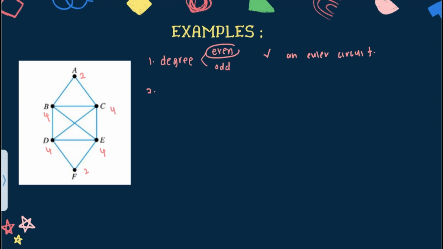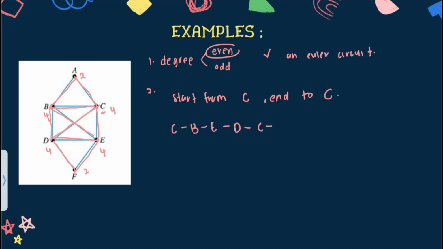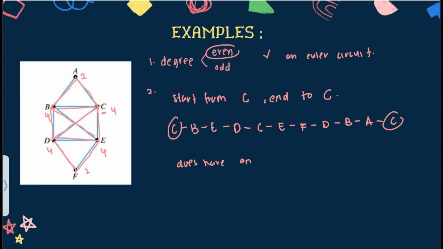So we start from C to B, B to E, E to D, D to C, C to E, E to F, F to D, D to B, B to A and back to C. So yeah, this literally starts from C and ends at C also. So yeah, this is an Euler circuit.